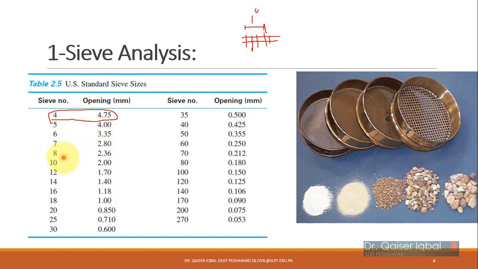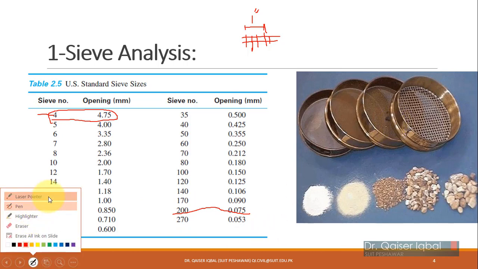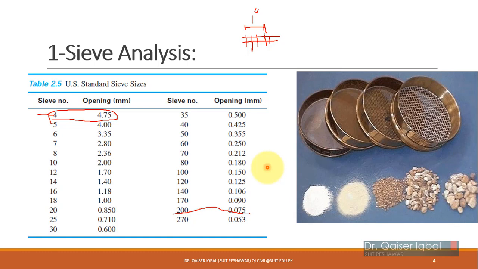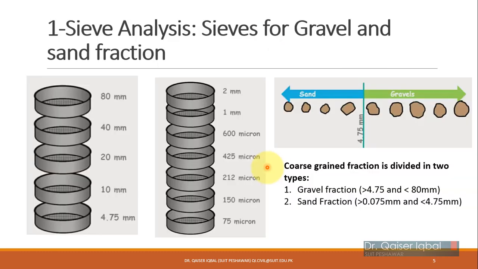Then sieve numbers 7, 8, 10, 12, 14, and so on, and we use up to sieve number 200 usually in geotechnical analysis. So our starting sieve is number 4 and our ending sieve is sieve number 200. We usually determine the sieve sizes to be used according to the size of the soil being analyzed.